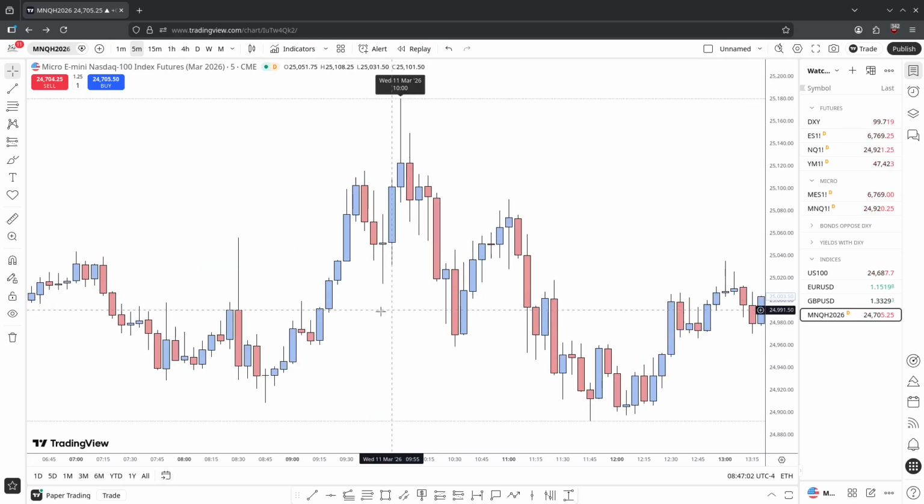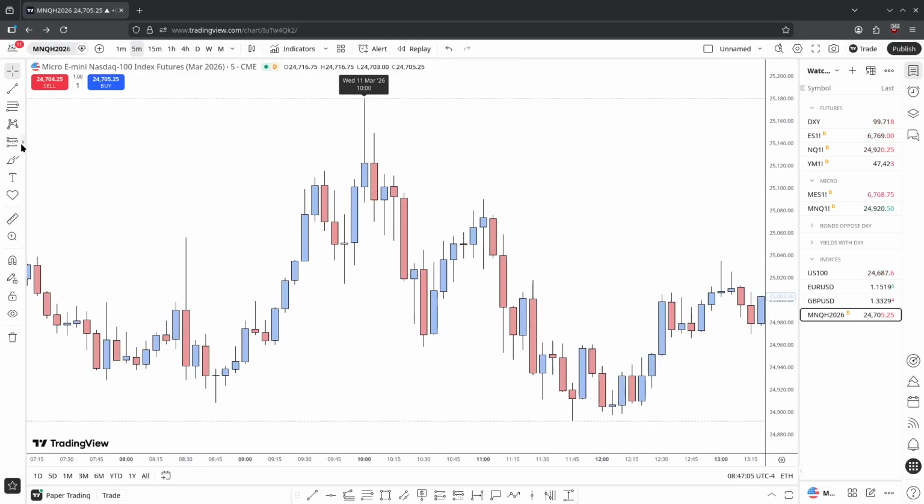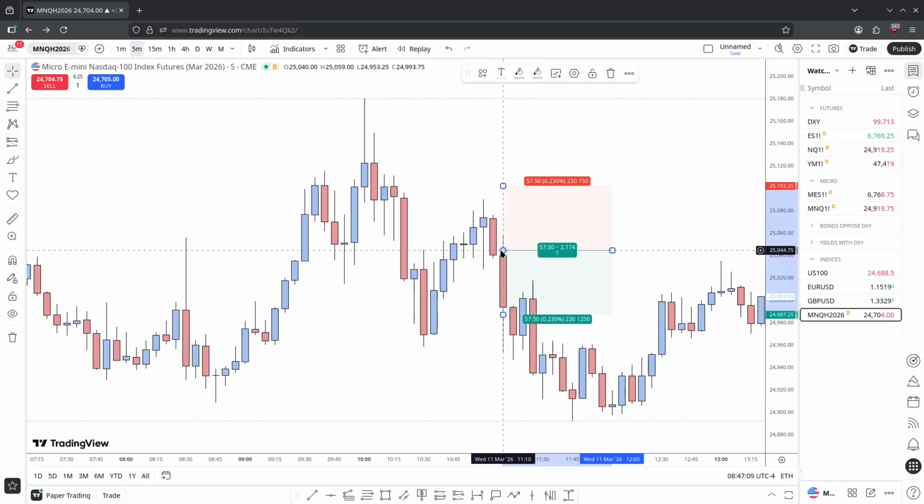So I can give you the exact levels on the chart here where I took that entry. I'm going to go off of my journal here. I'll be posting these price levels in a screenshot at the end of the video. That's what I did last time, and I'll post them again.